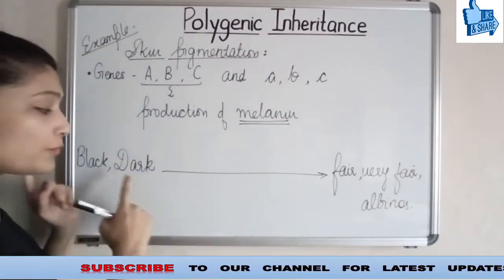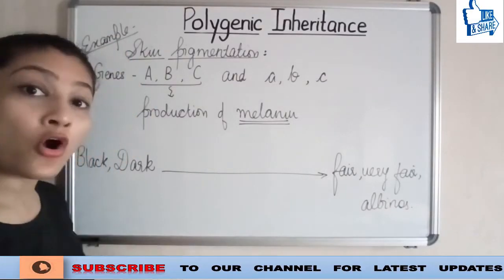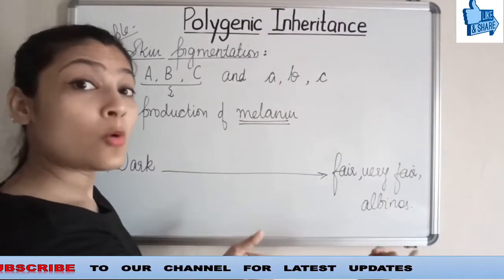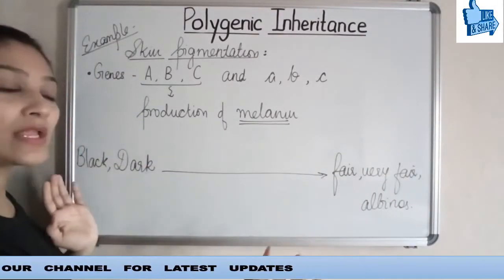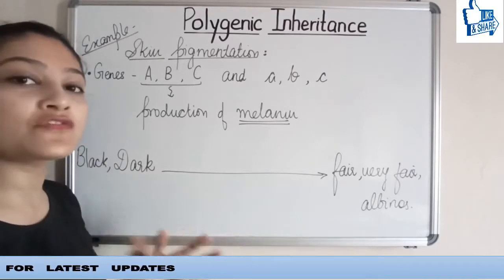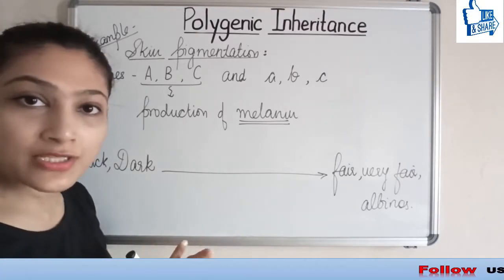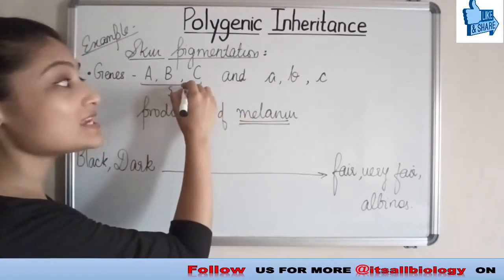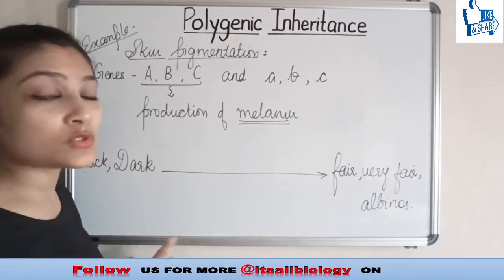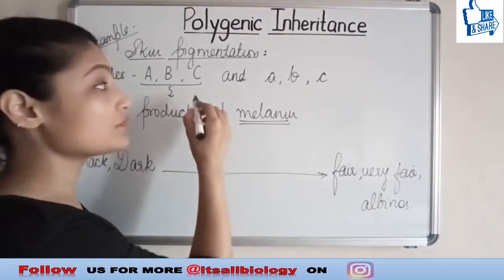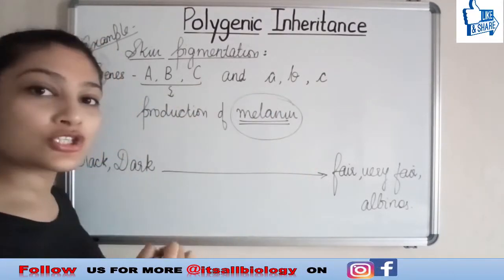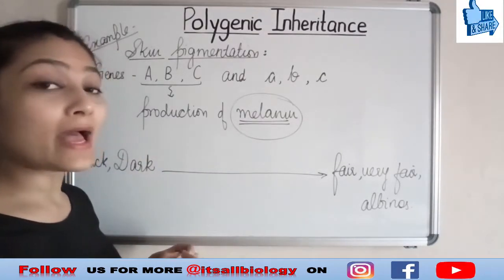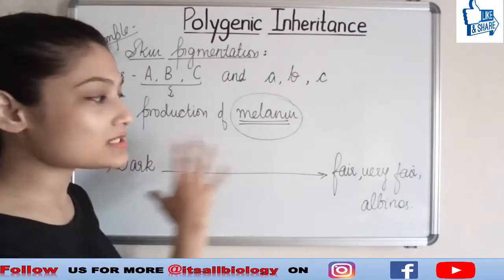So in our population a huge variation of skin pigmentation is seen, from black to white. Why is this variation there, why so much color difference? Students, this is because of the presence of these dominant genes in an individual, which are responsible for production of melanin. Now I am going to make a table here for you, and from that table you will be able to understand this concept.